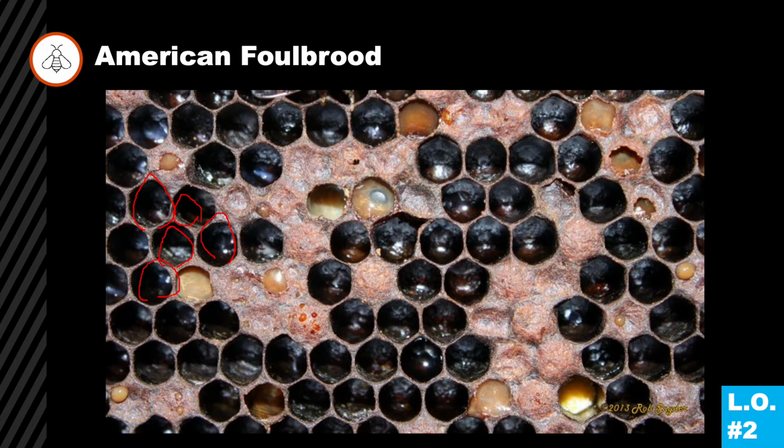This right away should make you think that there's something wrong with this hive. The next thing you can observe here is that there are some sunken caps. And then you also see some broken caps. Here this cap is broken open, and another one is broken open.